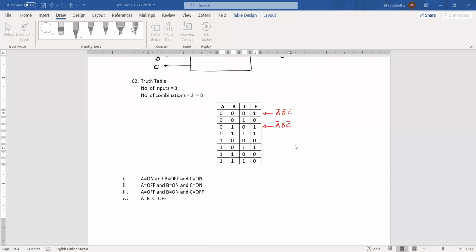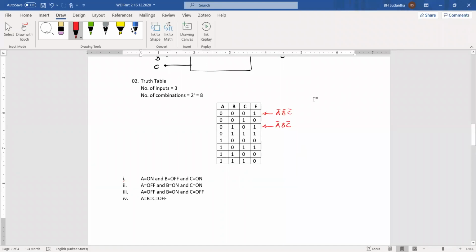This is A bar, BC. The last one, A B bar C. A B bar C, A bar BC, A bar B C bar, and A bar B bar C bar. Those are the 4 combinations.